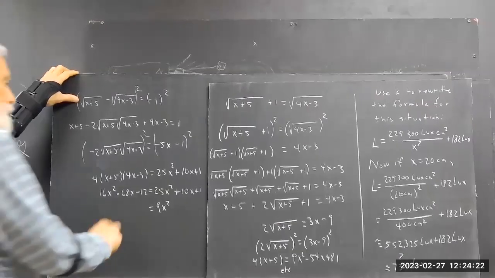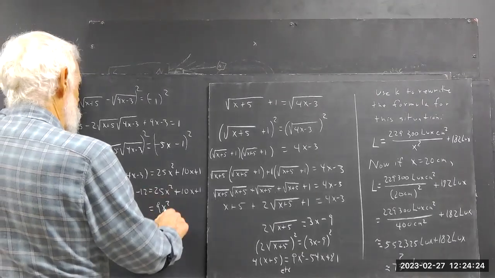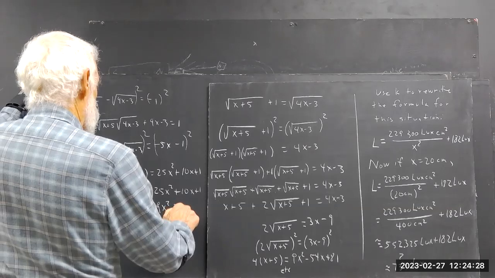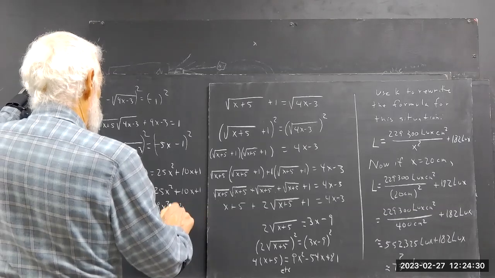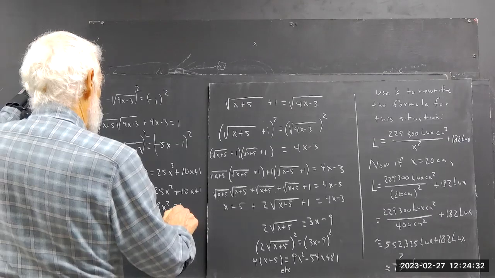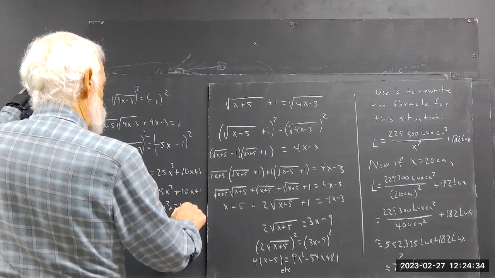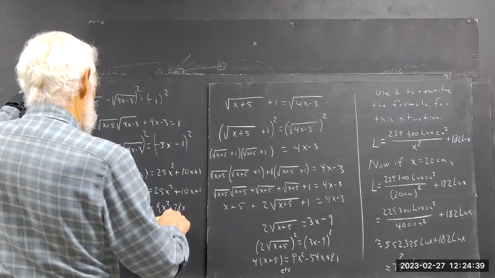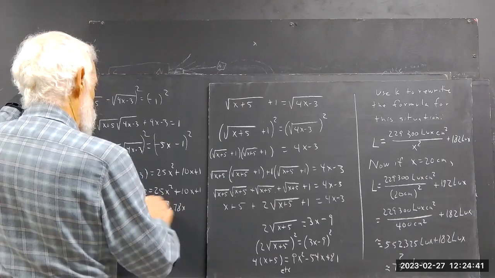And let's say we have minus 68x and plus 10x. Well, that's plus 78x, which I don't particularly like. There might be something wrong there.